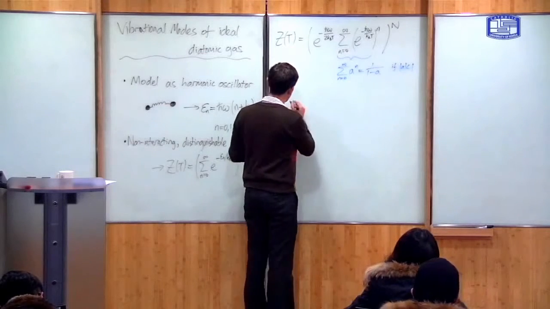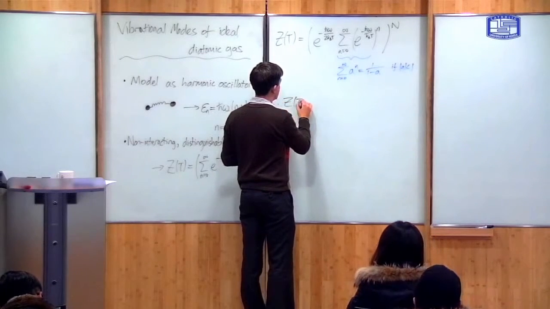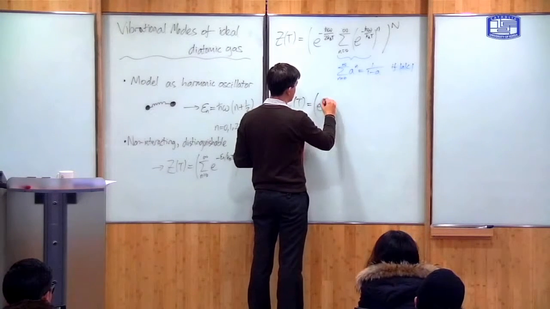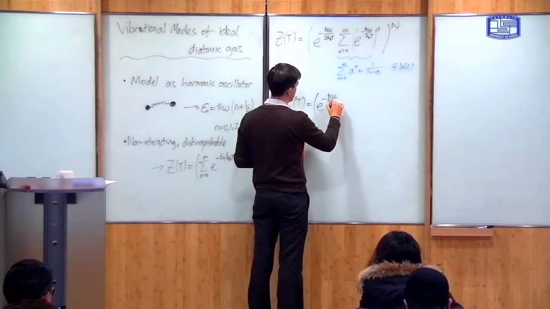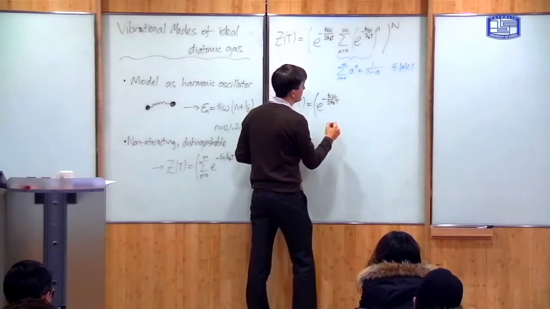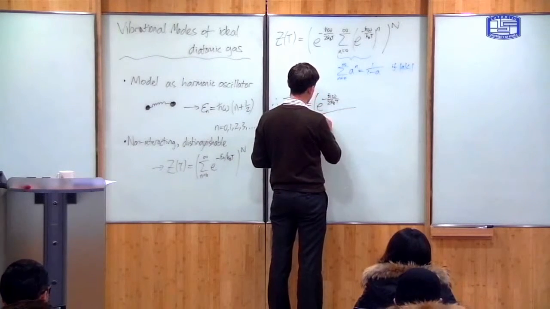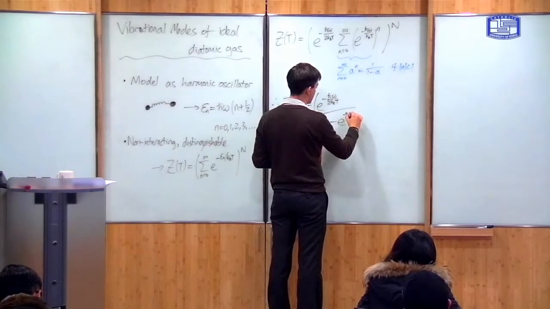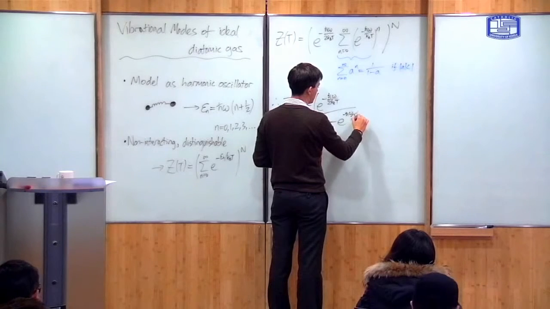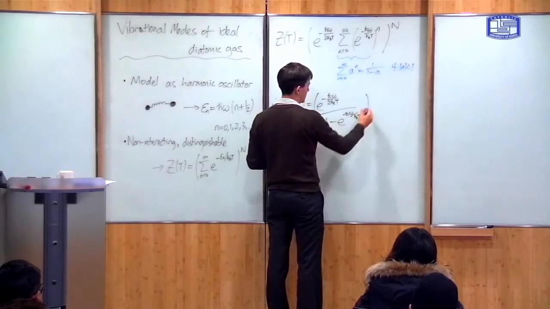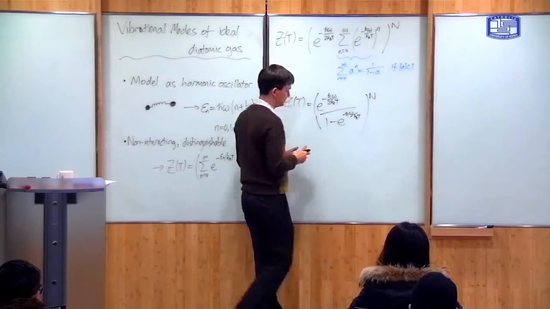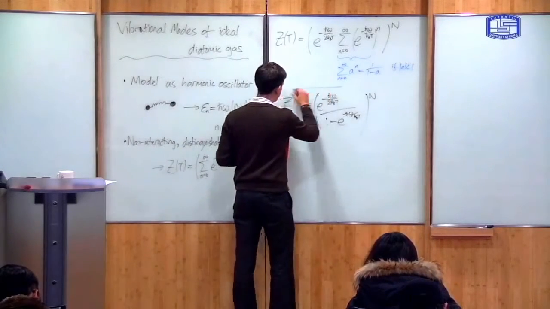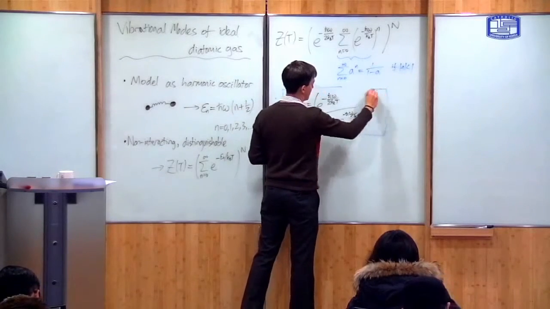So this gives you the result that Z of T is e to the minus h bar omega over 2kBT, divided by 1 minus e to the minus h bar omega over kBT, all to the power N. And this is an exact calculation. We haven't made any approximations.